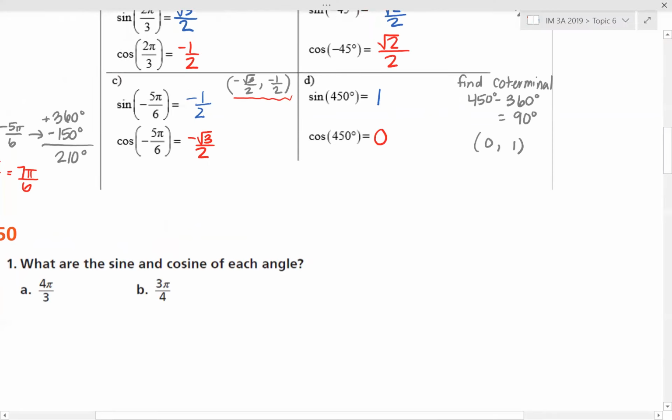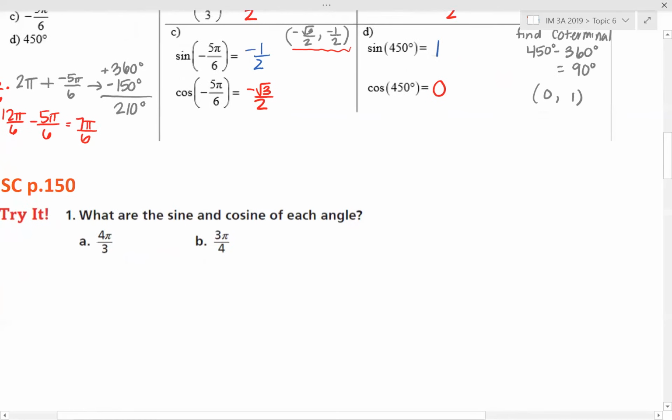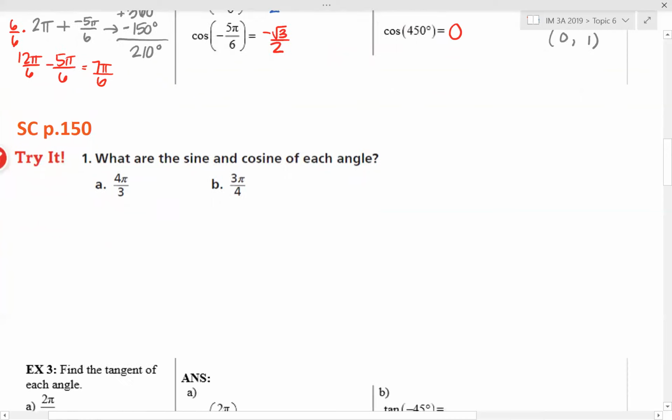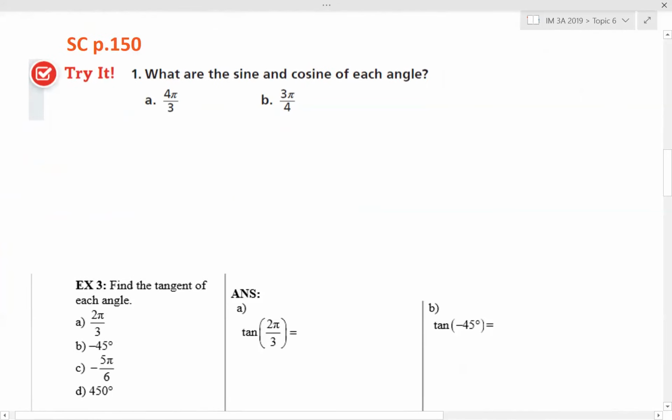Okay, so what I want you to do now is in your student companion on page 150, or on a separate piece of paper if you haven't been having your student companion with you, try number 1, parts A and B. They're both in radians.